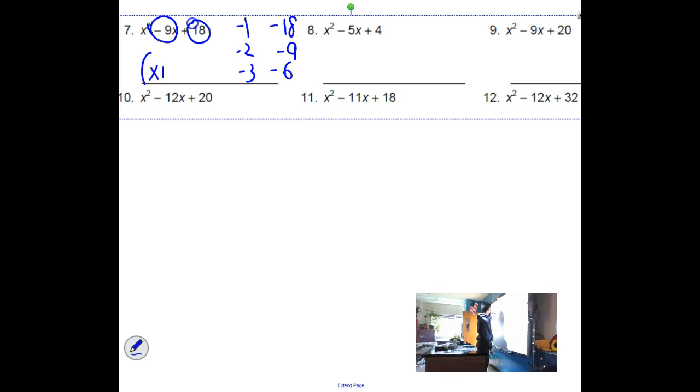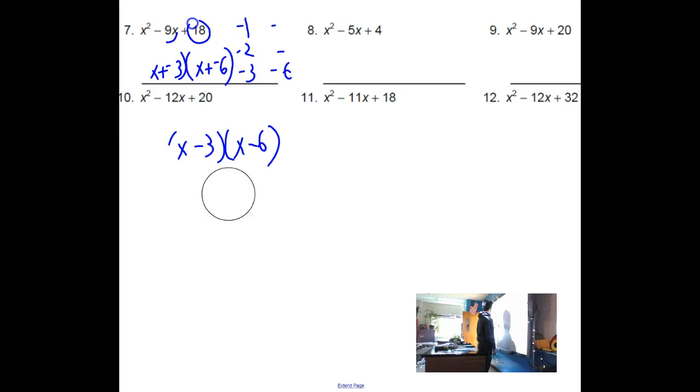Write down my x plus. Just looking at this right away, I can see that negative 3 and negative 6 add together to equal negative 9. So I know in the parentheses it's going to be x plus negative 3 and x plus negative 6, which is the exact same thing as x minus 3 times x minus 6.